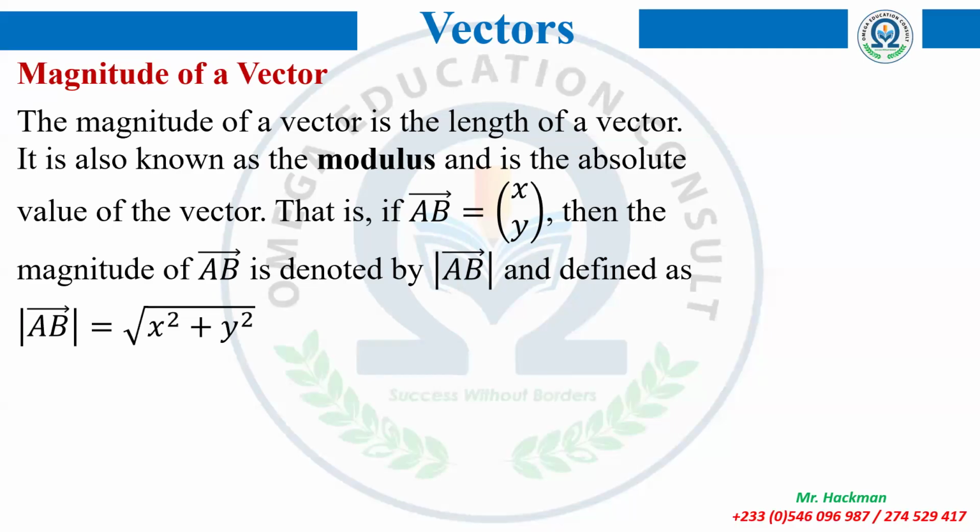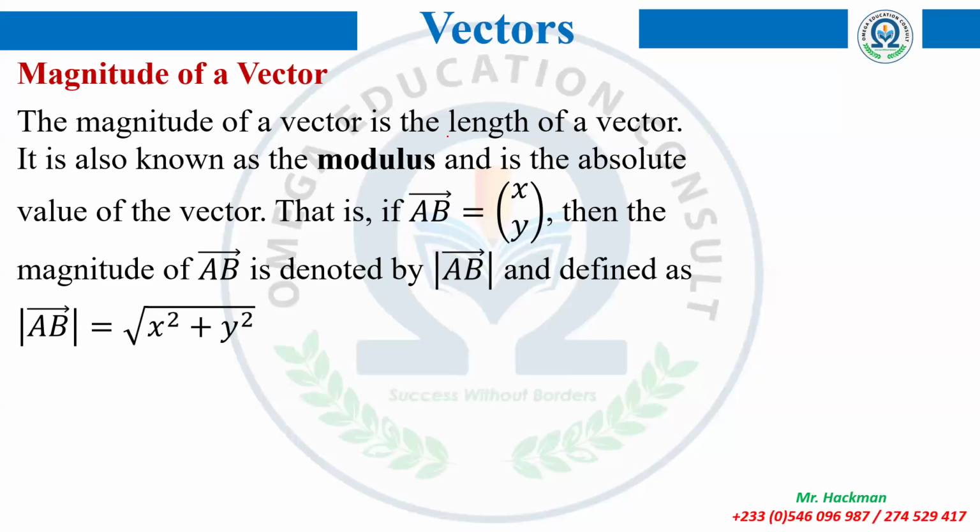Just as with points, if you are looking at a line, we can find its magnitude. A vector too, we can find its magnitude. That's why we said both lines and vectors have magnitude. The distinction is in the direction: the vector has direction, but a line, which is a scalar, doesn't. So let me read.